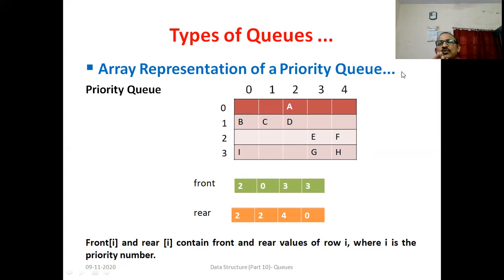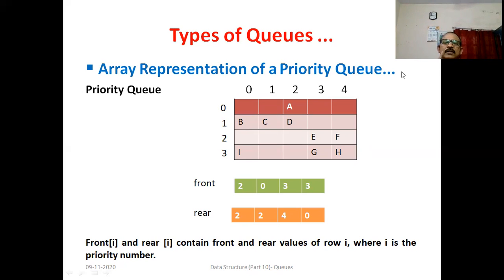That means we use 4 priority queues. Priority queue 0 contains all items having priority 0. Next, priority queue 1, priority queue 2, and priority queue 3. Priority queue 3 has all elements, all jobs, all processes having priority value 3.